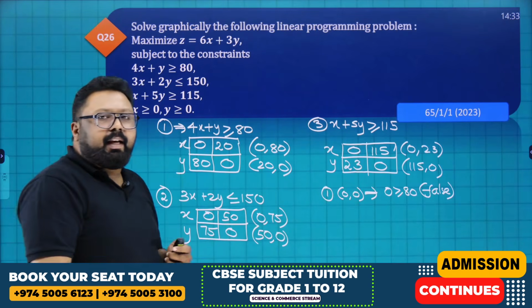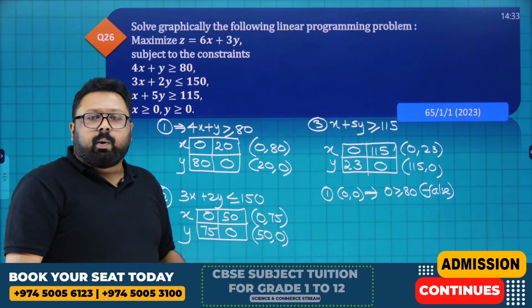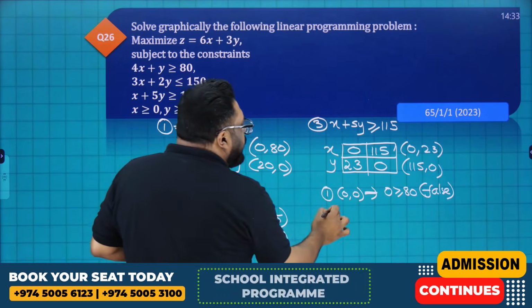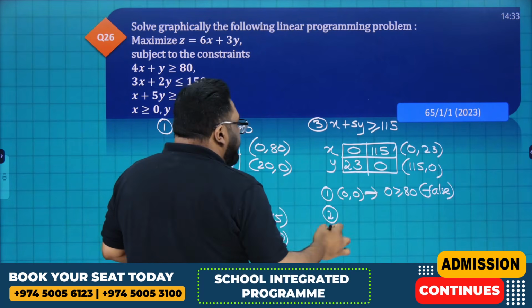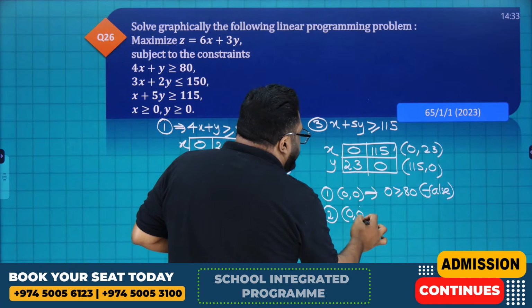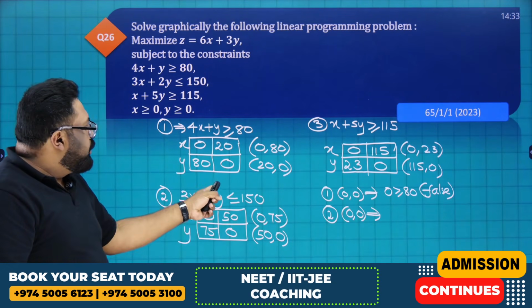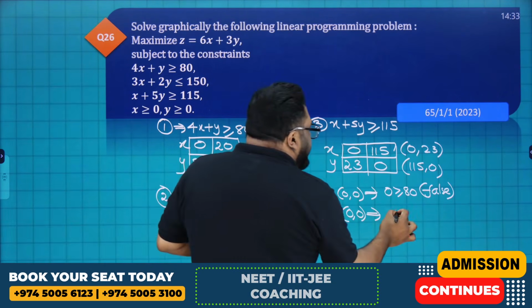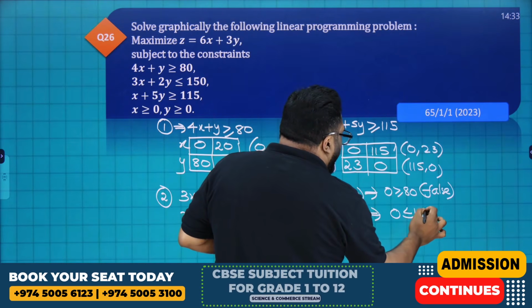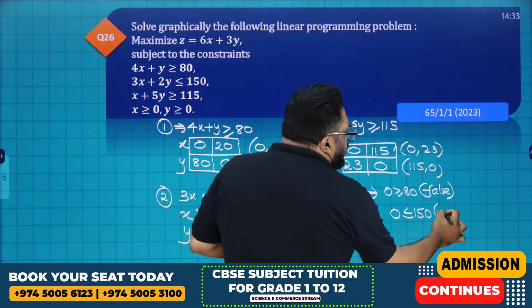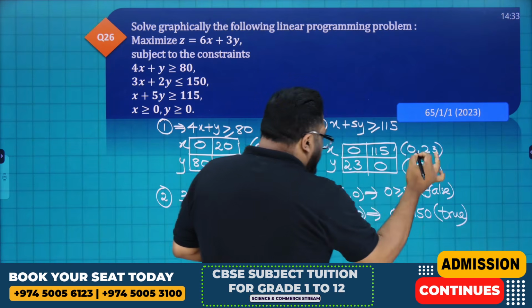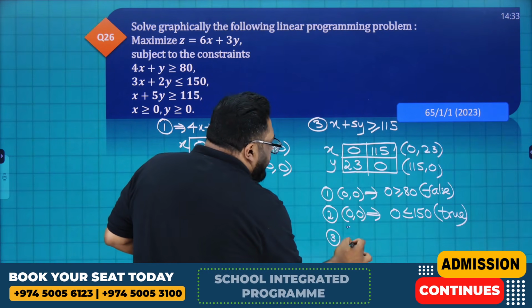Equation number 1 says that (0, 0) is not part of its region. Equation number 2, let's try. If I put (0, 0) in equation number 2, 3 times 0 plus 2 times 0, 0 is less than or equal to 150. That is a true case. Okay? Equation number 3, if I put (0, 0).